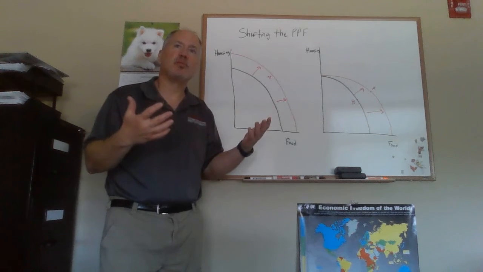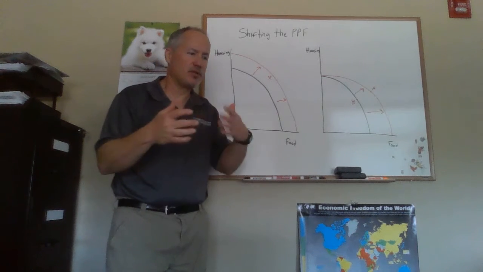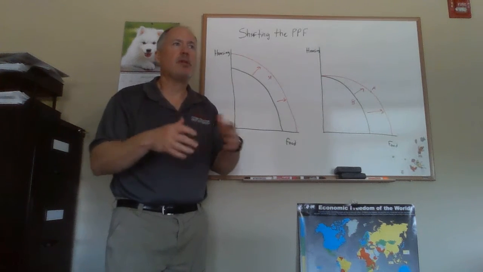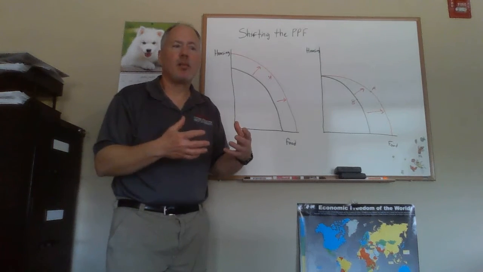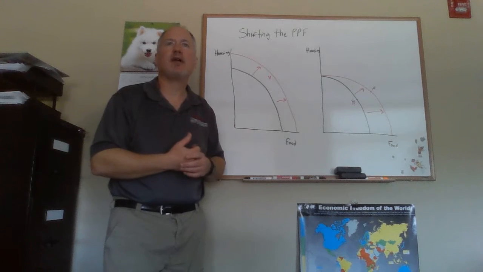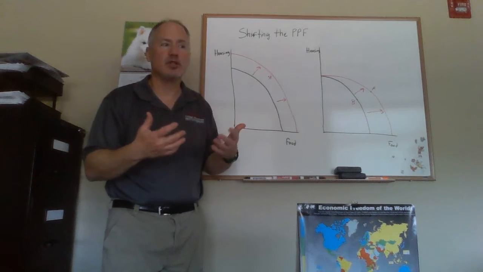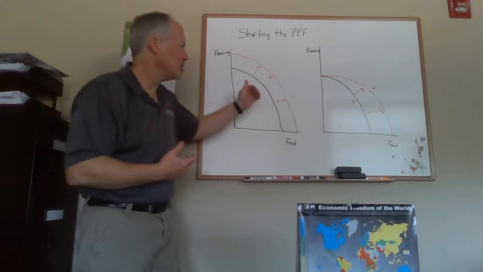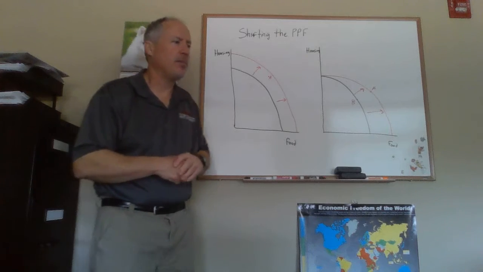But when Rome collapses and all these different areas are ruled by different tribes, you no longer have that large area of economic integration, and some institutions that help produce goods and services go away. So there is also the possibility that you could shift the PPF in.